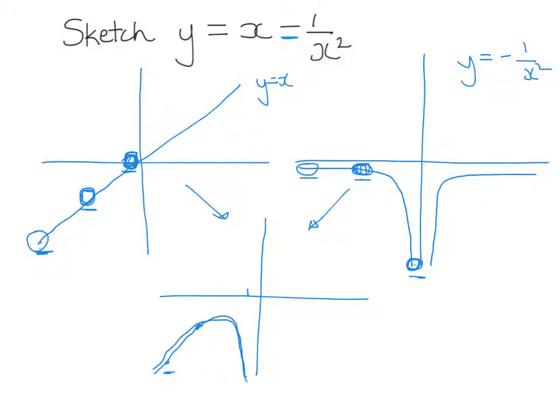Alrighty, where x equals a small positive number, small positive y value, large negative y value when x is small. So our graph will be starting down there, because if we add a small positive y value with a large negative y value, we'll still get a large negative y value.